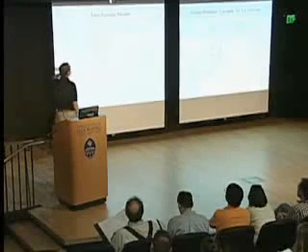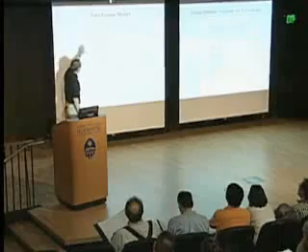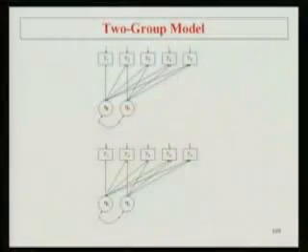So in a two-group model, you have treatment and control, and any parameter may be different across the two groups. So a two-group analysis implies that you have a simultaneous analysis of all of the groups.